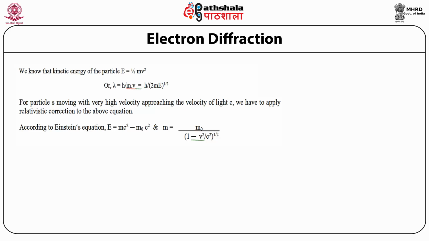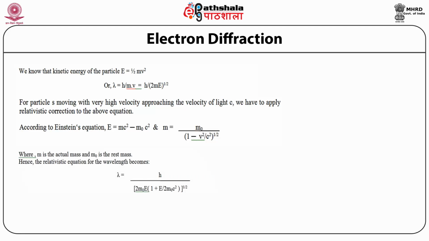According to Einstein's equation, E is equal to mc square minus m0 c square, and so m is equal to m0 upon under root of 1 minus v square by c square, where m is the actual mass and m0 is the rest mass.